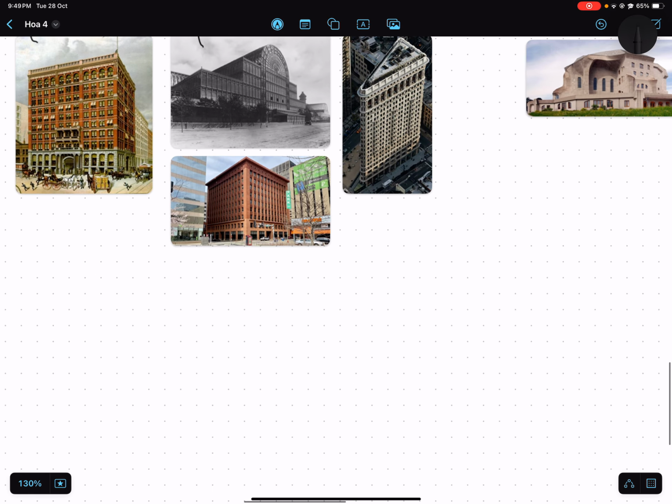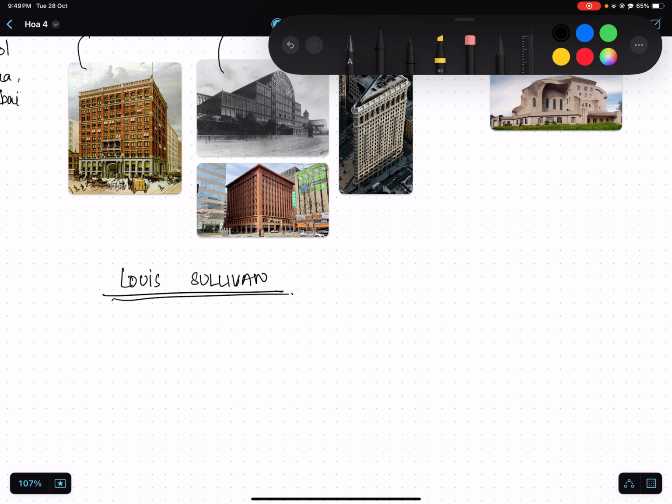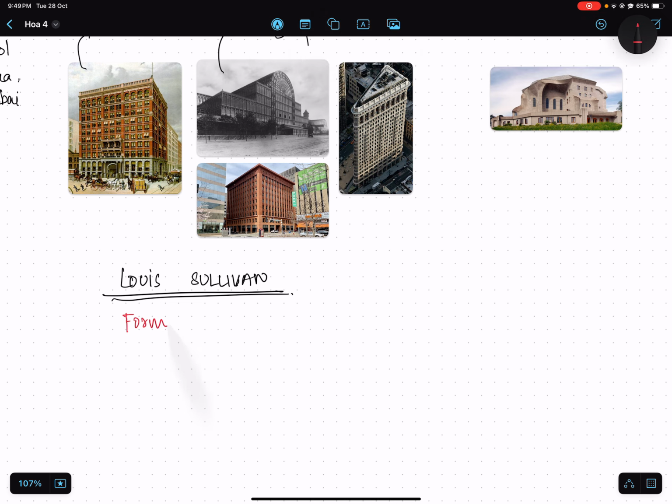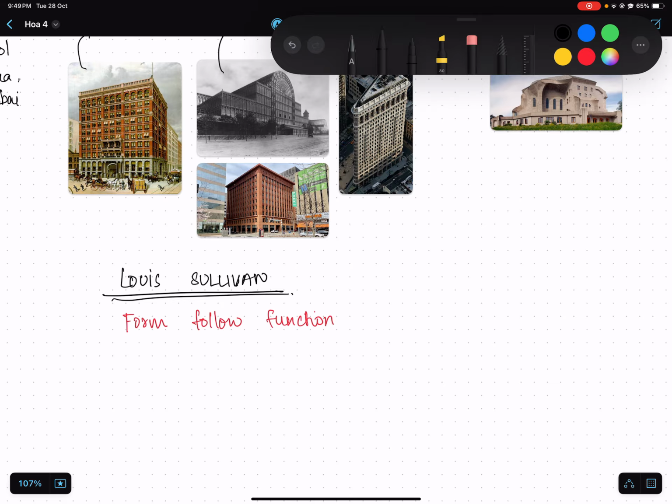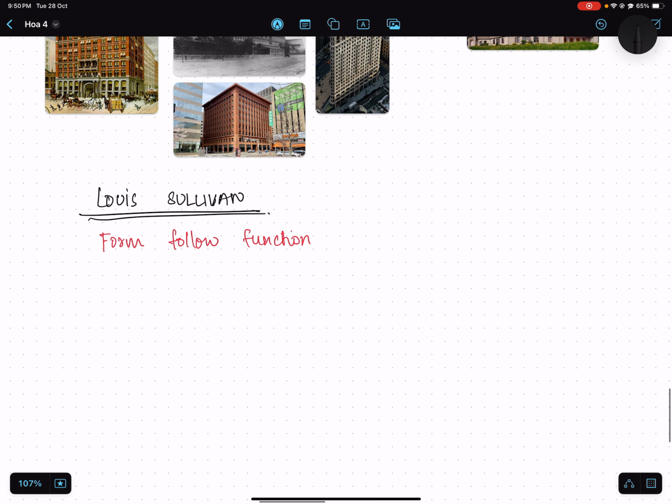Then another main figure in modern architecture is Louis Sullivan. The main principle of Louis Sullivan is form follows function. Function was given a lot of importance, and you can even call it functionalism, the principle that an architect should design a building based on the purpose of that building and not how it looked.